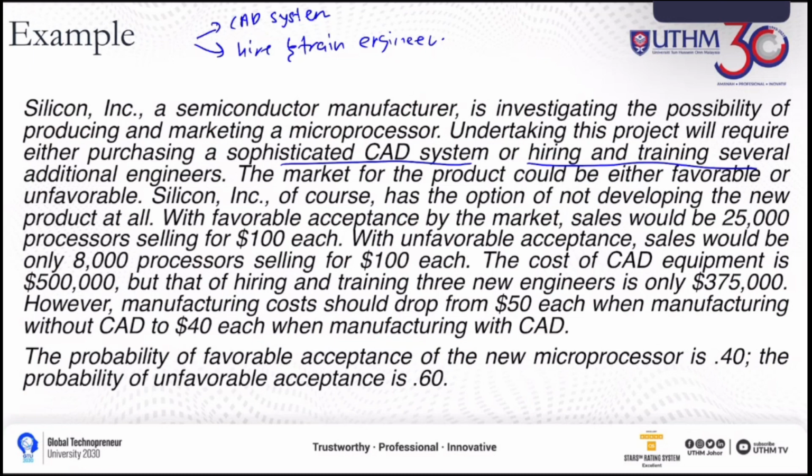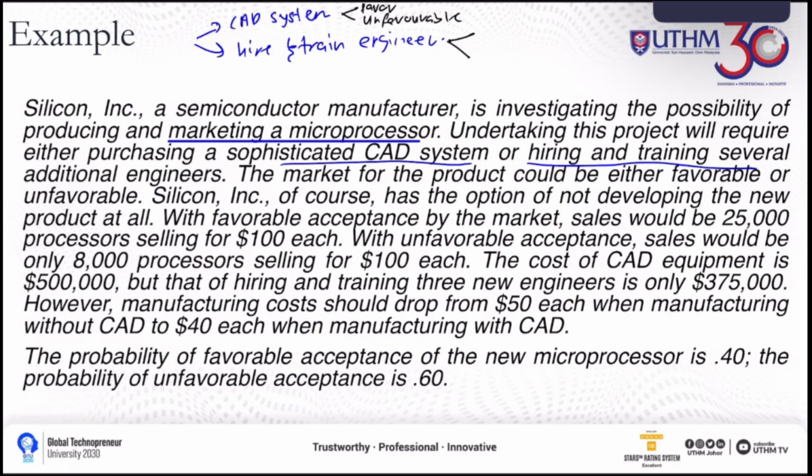So when they have this project, they produce and market a microprocessor. So they have two possibilities during the sales. The sale can be favorable, high sale, or unfavorable, low sale.